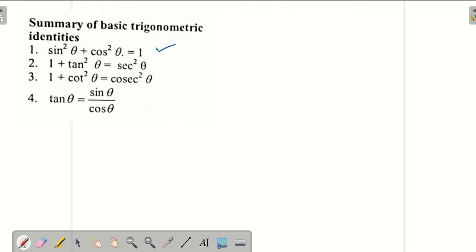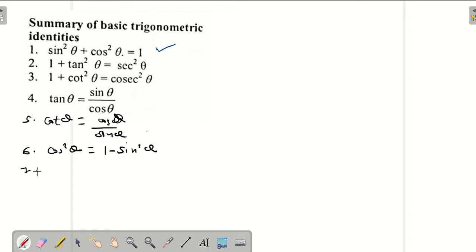We can even add some to it, that the fifth one is going to be cot theta is equal to cos theta over sine theta. And even the sixth one, which is cos squared theta, is equal to 1 minus sine squared theta. And finally, sine squared theta is equal to 1 minus cos squared theta. So we need to know these identities by heart.